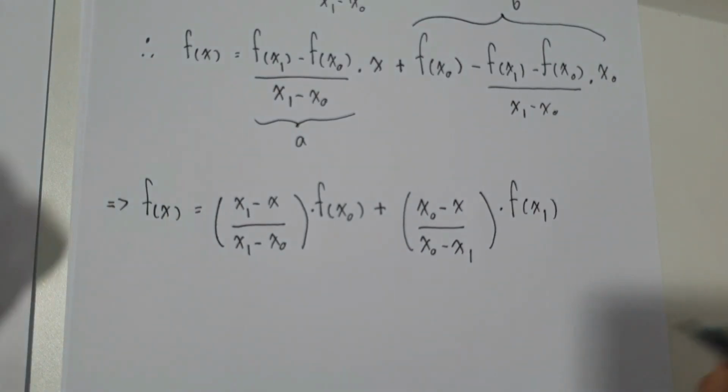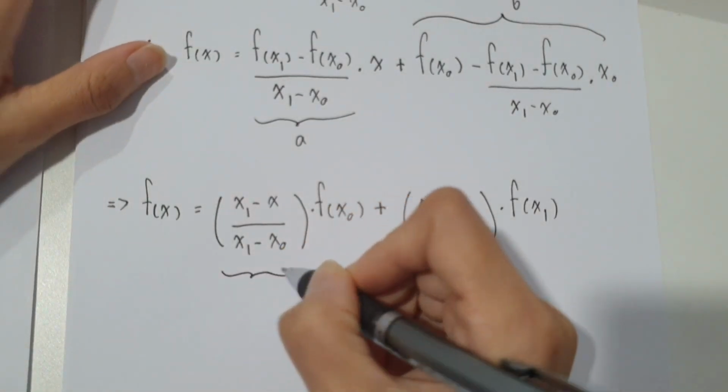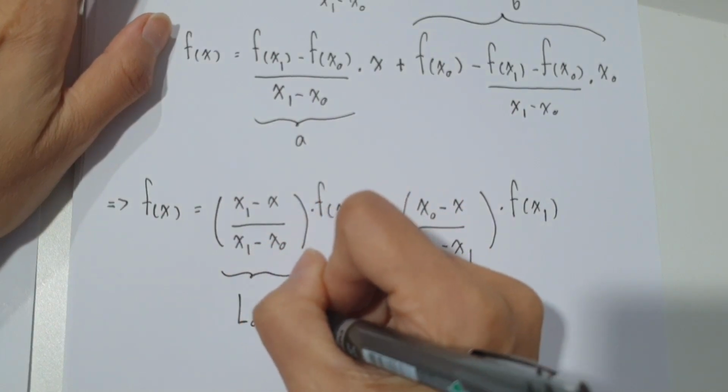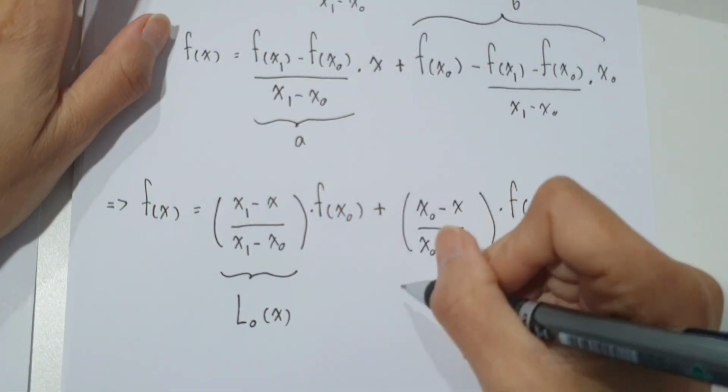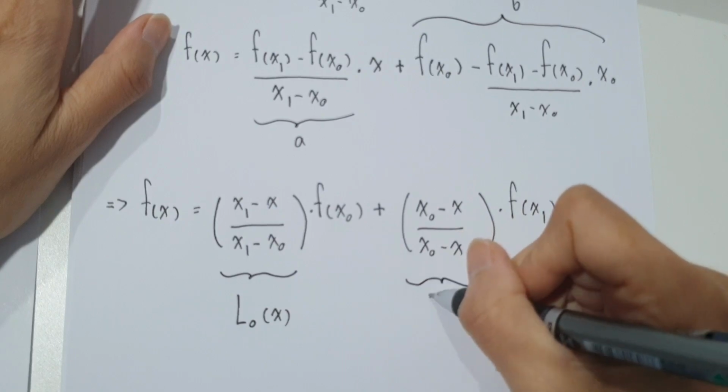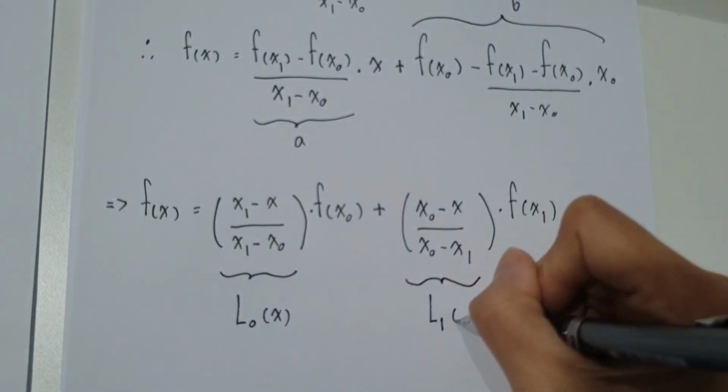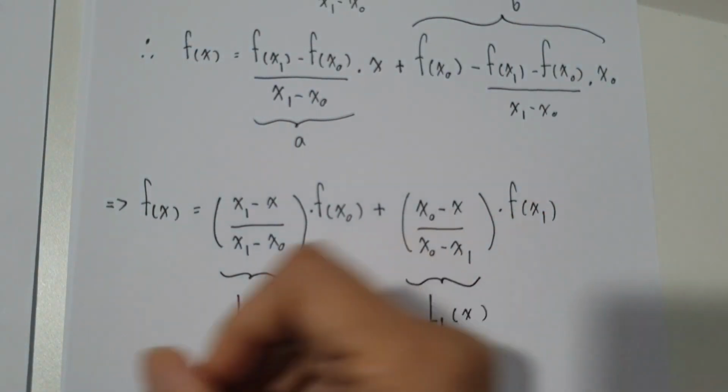Okay, so this is assumed to be the L0 of x function, and this is assumed to be the L1 of x function.